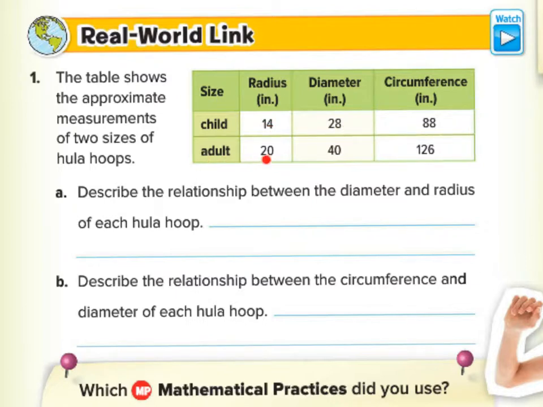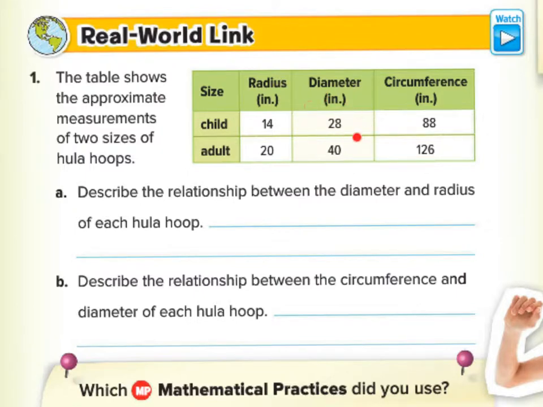For an adult, the radius is 20, so the full distance across the circle is 40. And the circumference, the distance around the circle, is 88 inches here, and 126 inches here. This is where pi takes place to go from the diameter to the circumference.